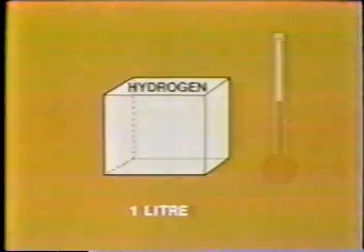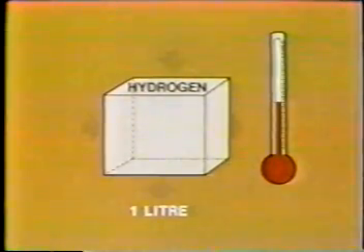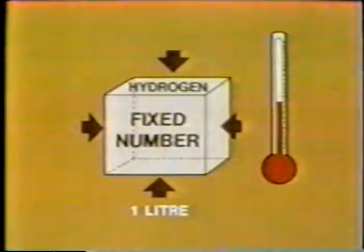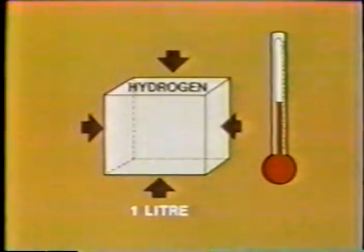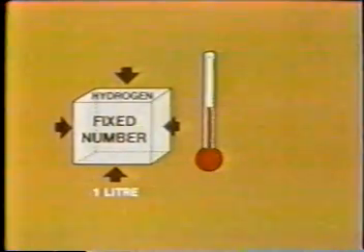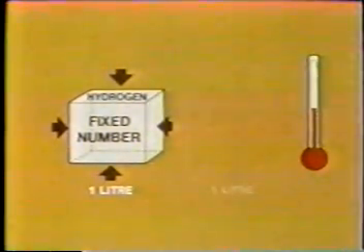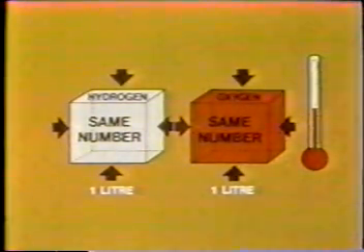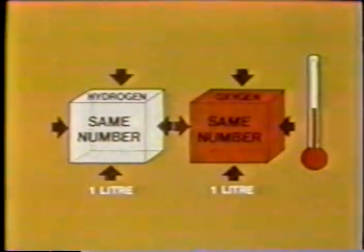This is how it works. If 1 liter of hydrogen at a fixed temperature and pressure contains a fixed number of hydrogen particles, then 1 liter of oxygen at the same temperature and pressure will contain the same number of oxygen particles.